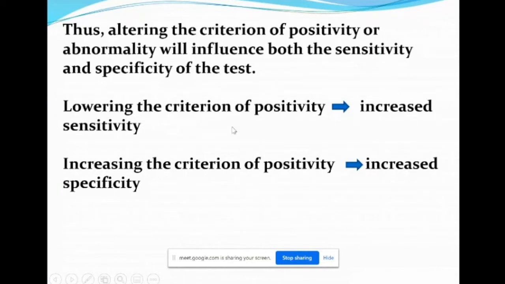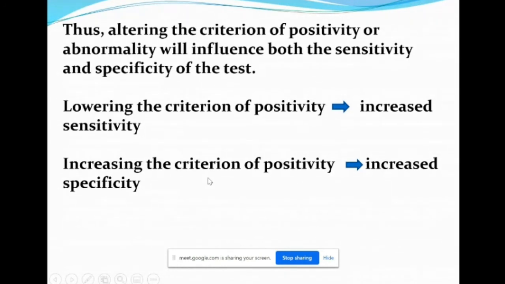For example, in hypertension, if we take a low criterion for positivity, such as 88 millimeters of mercury for diastolic blood pressure, in this case we are going to detect all those with hypertension, all the positive cases, but at the same time false positives will also increase, and this will lead to decreased specificity.